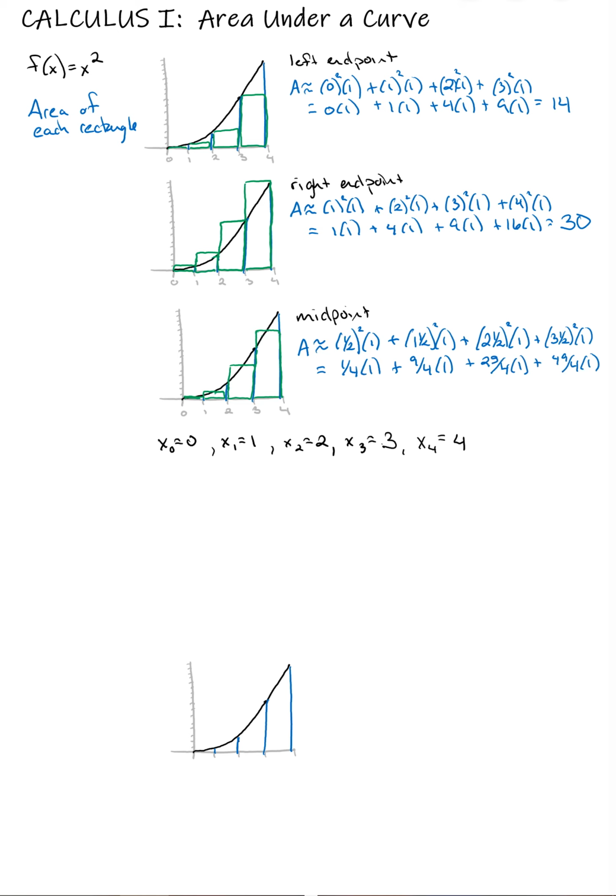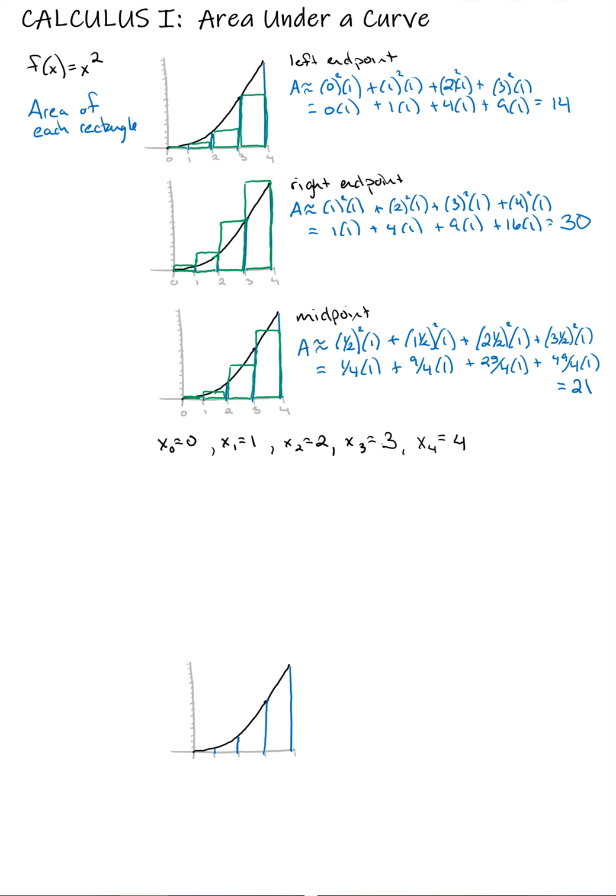And in this one, let's see, we end up with what is that? 84, I think, divided by 4 gives us 21.